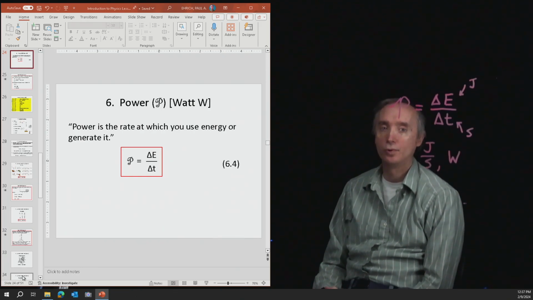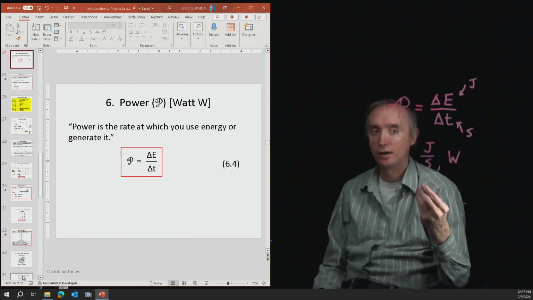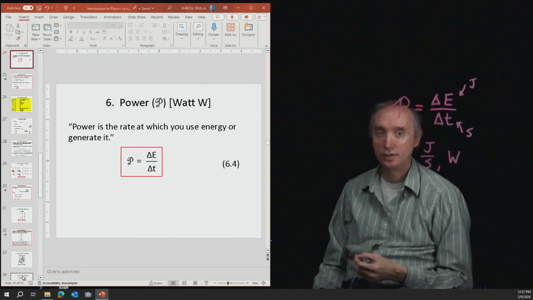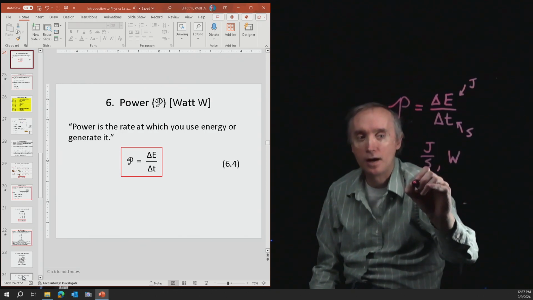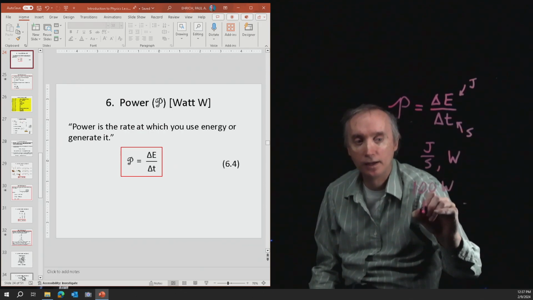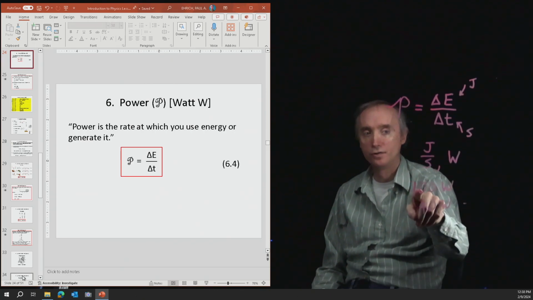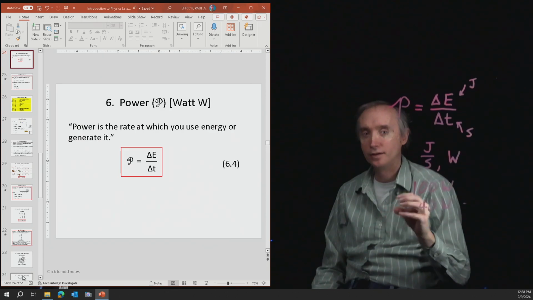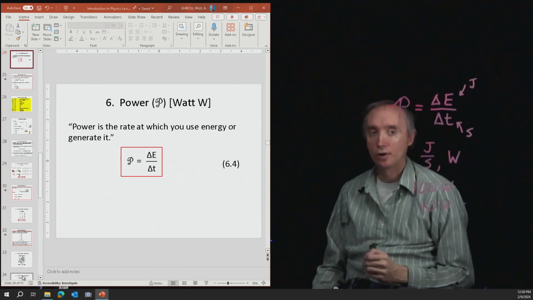And so you might be familiar with that concept, because if you go to a store and buy a light bulb, a typical wattage for a light bulb is, let's say, 100 watts. So what's the difference between buying a 100 watt light bulb and a 40 watt light bulb? The 100 watt light bulb is going to be brighter, but you can't get something for nothing. So if it's brighter, then that means it uses more energy.